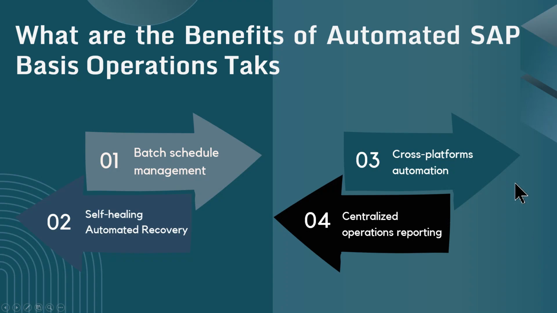Some of the benefits also include that we're not only dealing with the SAP layer, but all the infrastructure that supports the ecosystem, including the OS, the databases, and maybe on cloud, a VM that you want to also do something with. Perhaps you want to bring up an app server when a workload is detected to exceed a certain threshold.